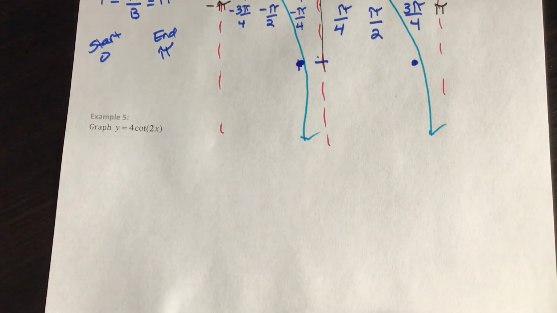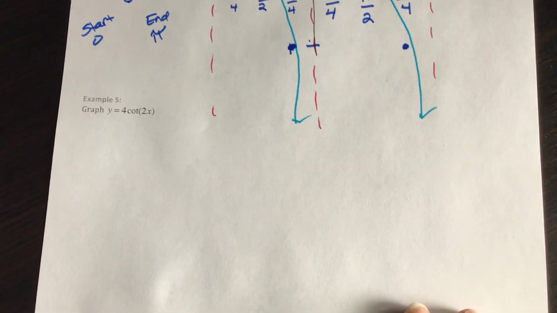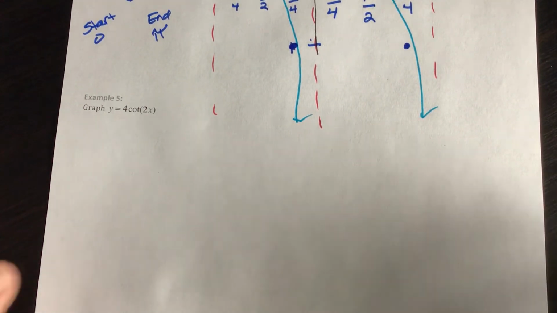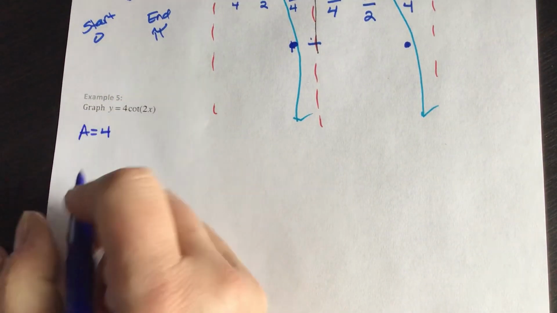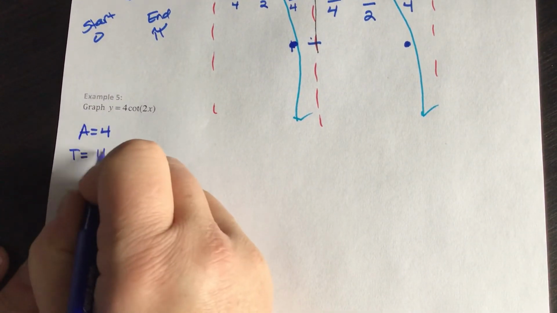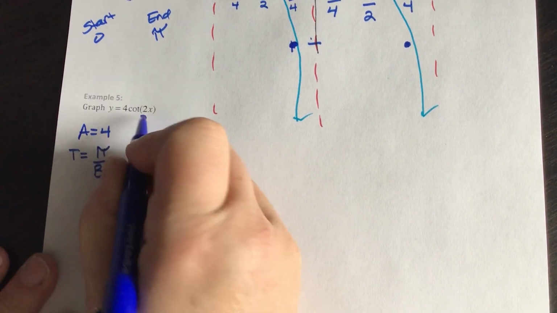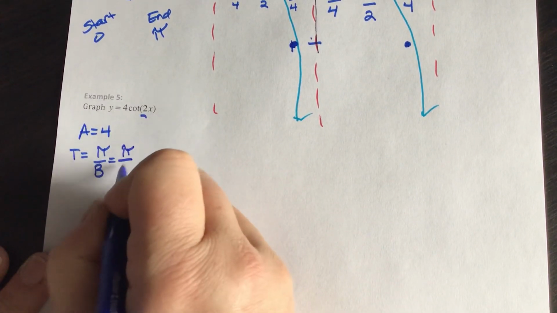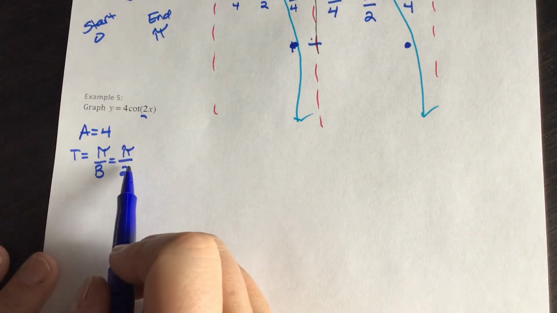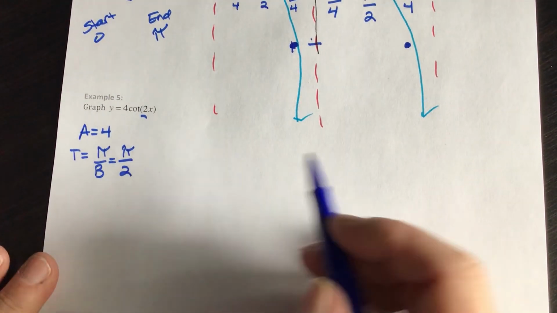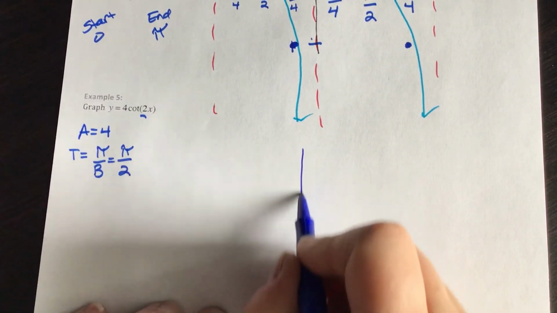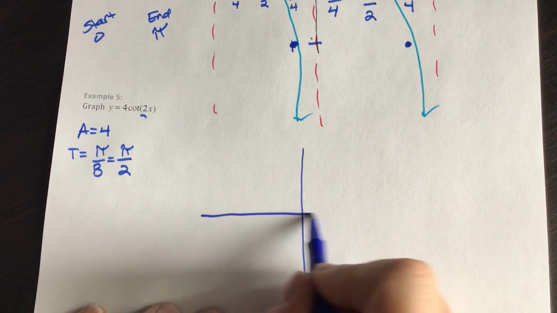All right, let's do a little bit of adding some stuff to that. Here's my altitude is 4. My T is pi over b, and in this case b is 2. So pi over 2 is going to be my period this time. So I'm going to start here.